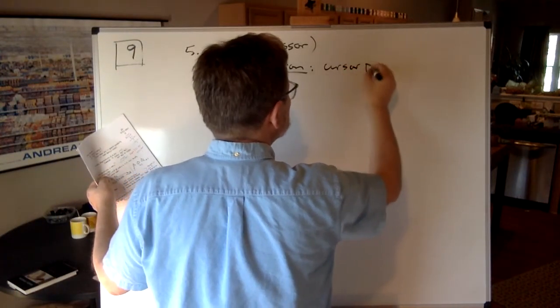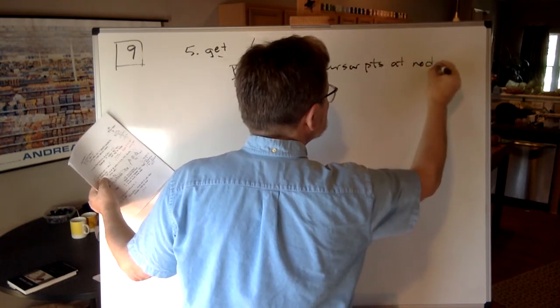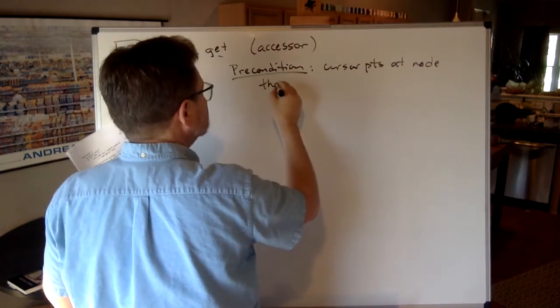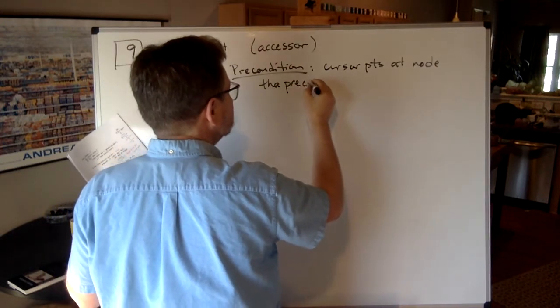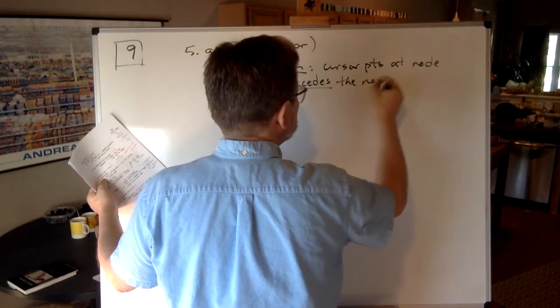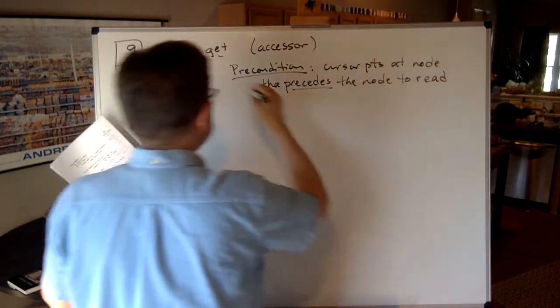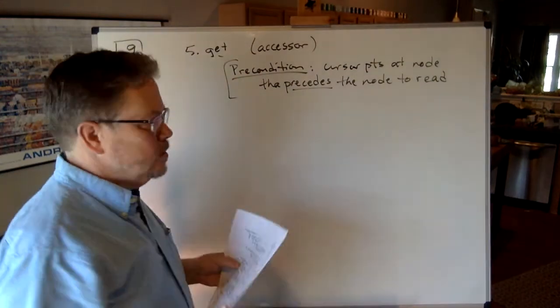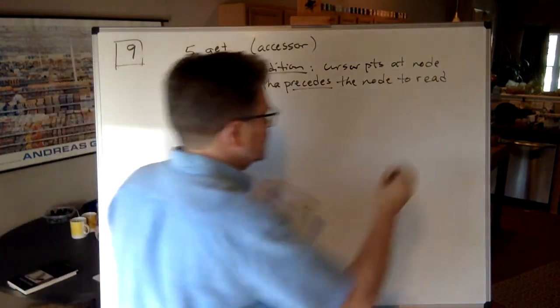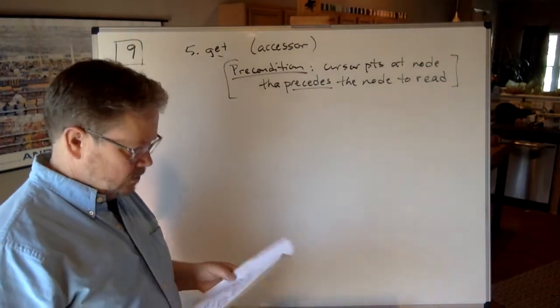Cursor points, abbreviated points, at node that precedes the node to read. And that's not part of the algorithm or the picture or anything, so I'll put it in little square brackets like that, both sides.